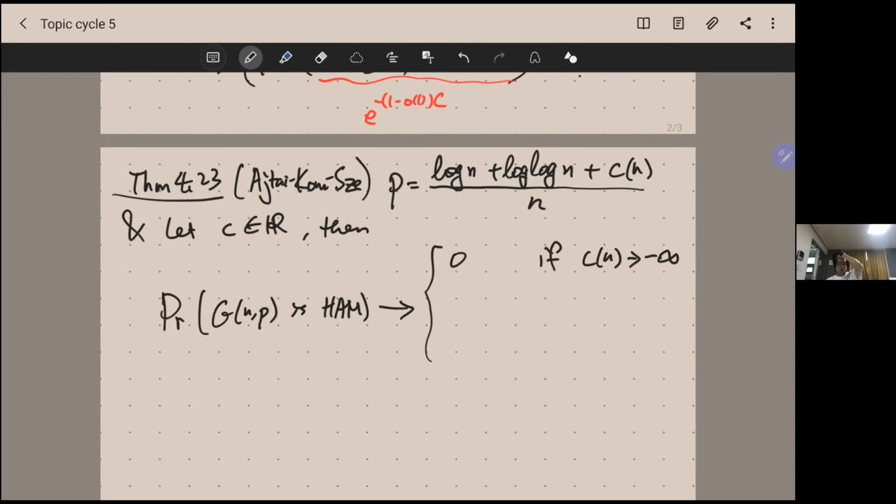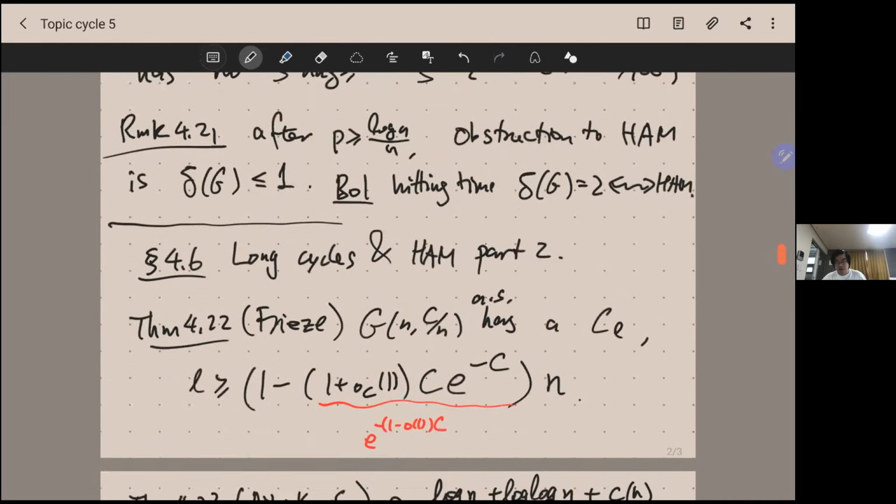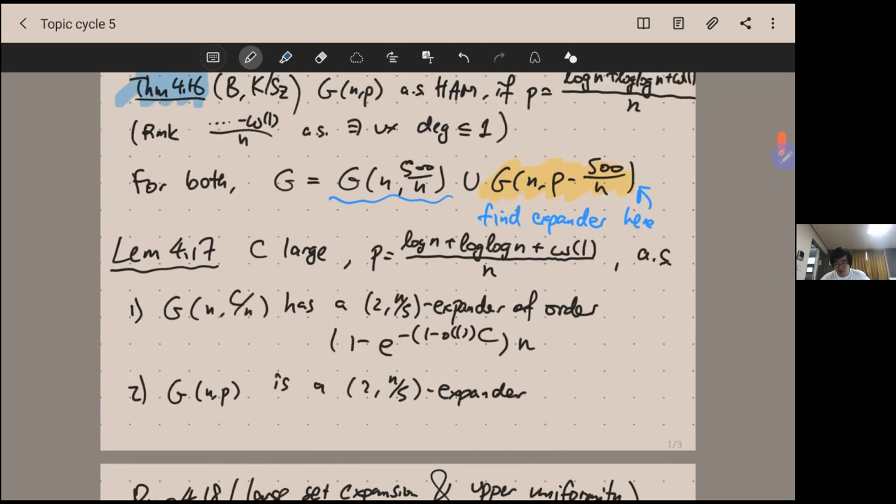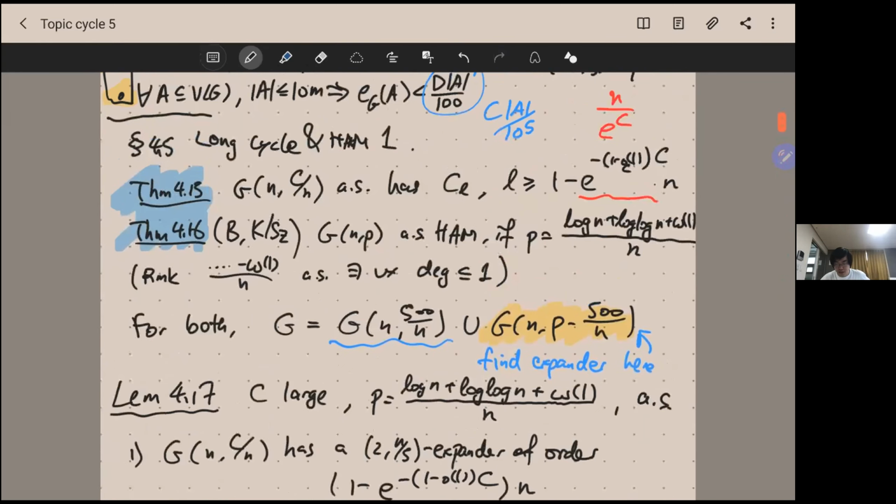This we've already known, right? Because when c(n) goes to negative infinity, this is minus little omega of 1, then almost surely there's a vertex of degree at most 1. And it goes to 1 if c(n) goes to infinity. That means c(n) is little omega of 1. That we've also just seen. This is the previous theorem we proved, theorem 4.16.